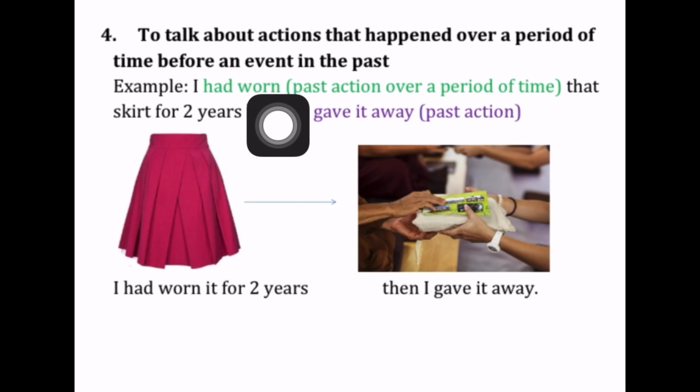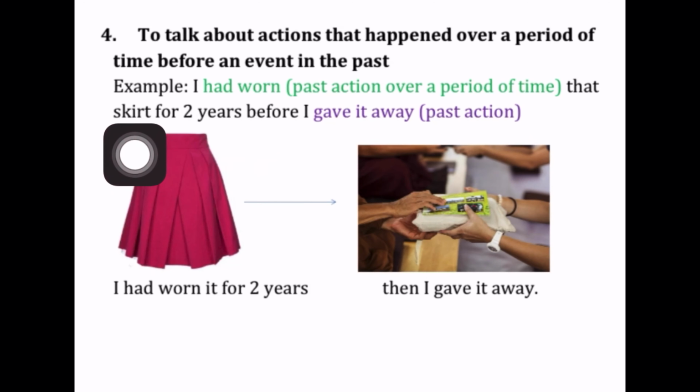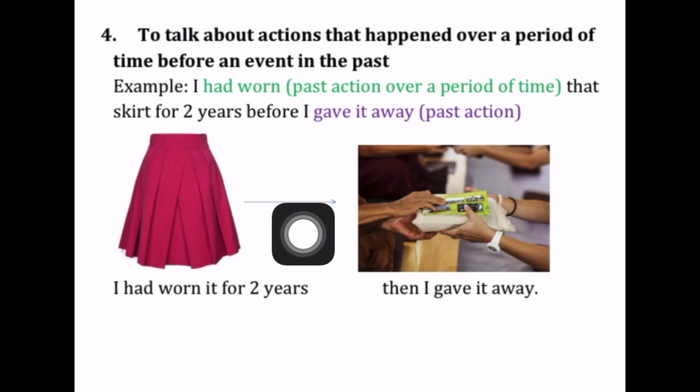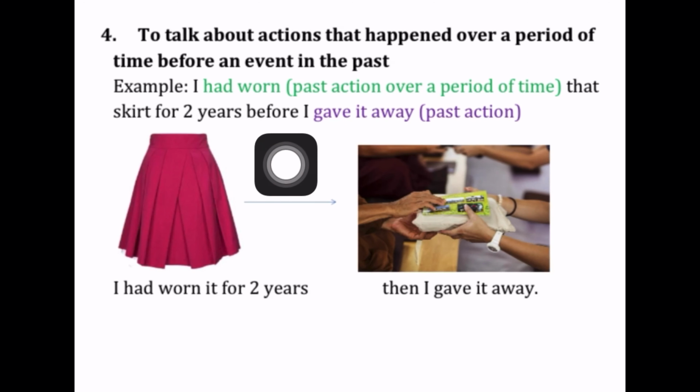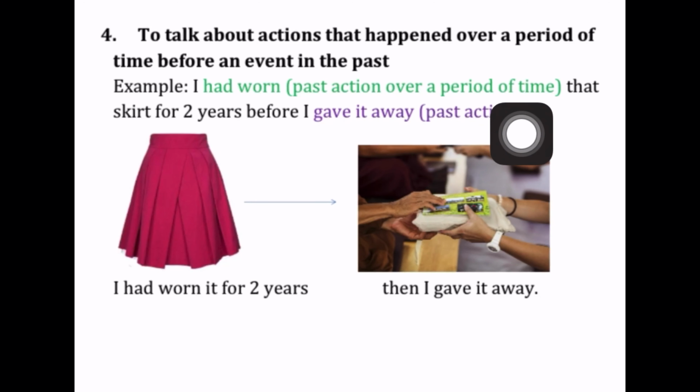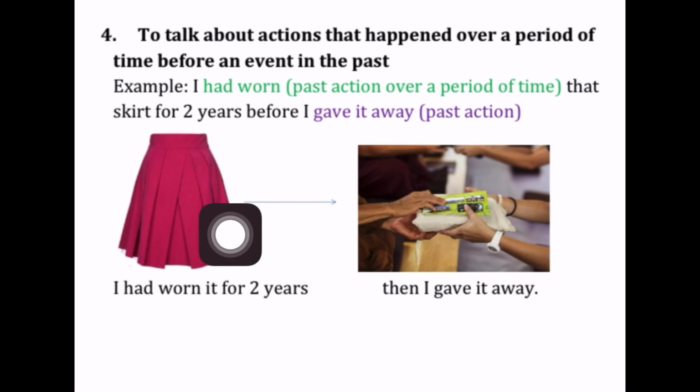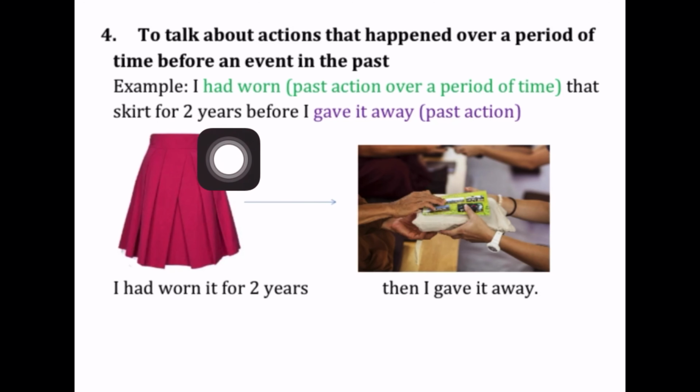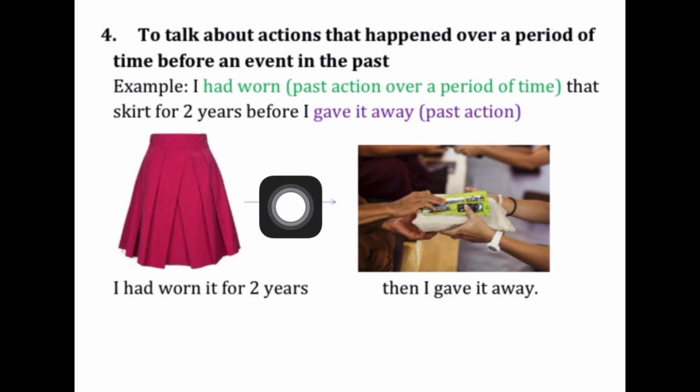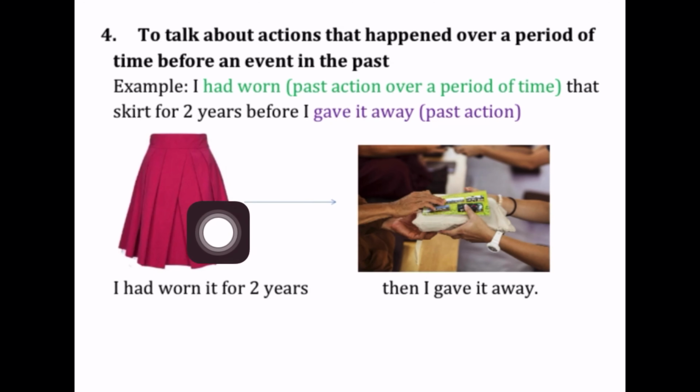I had worn that skirt for 2 years before I gave it away. ඔන්න මම මේ ස්කර්ට් එක අවුරුදු 2කට ඉස්සෙල්ලා ඇන්දා. ඒ මුළු කාලෙම ඇඳලා. ඒ කියන්නේ එක දවසක් නෙමේ කාල පරාසයක් තිස්සේ මේ ස්කර්ට් එක ඇඳලා. That skirt for 2 years. ඒ කියන්නේ අවුරුදු 2ක කාල පරාසයක් තුලදී මම මේ ස්කර්ට් එක ඇන්දා.